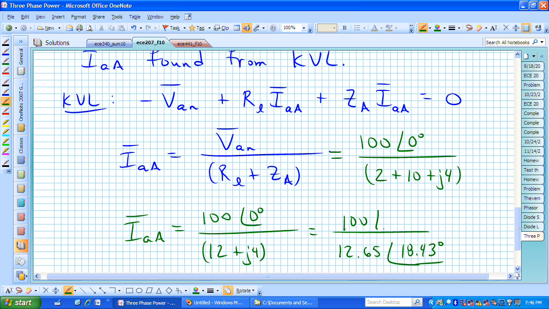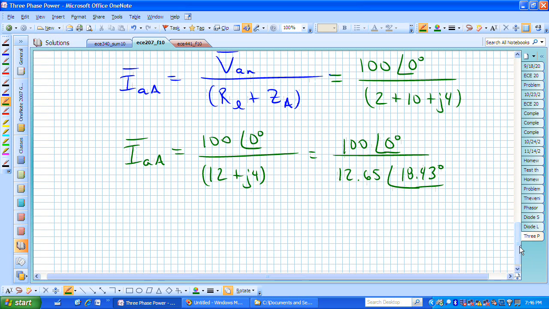That we need to divide into 100 at 0 degrees, or 12.6 goes into 100 almost 8 times. 7.905 is now our magnitude of the current, and that's in amps. That's now I sub AA.